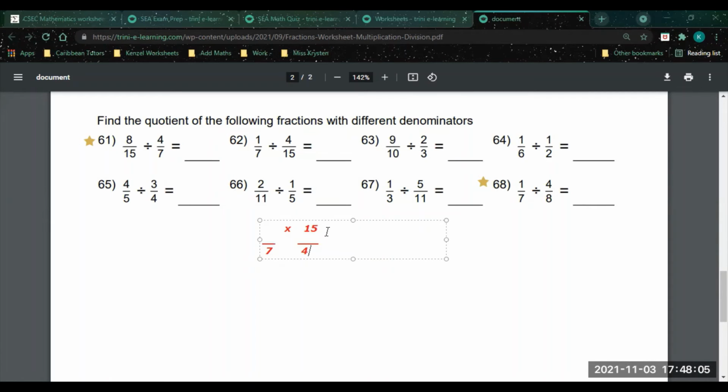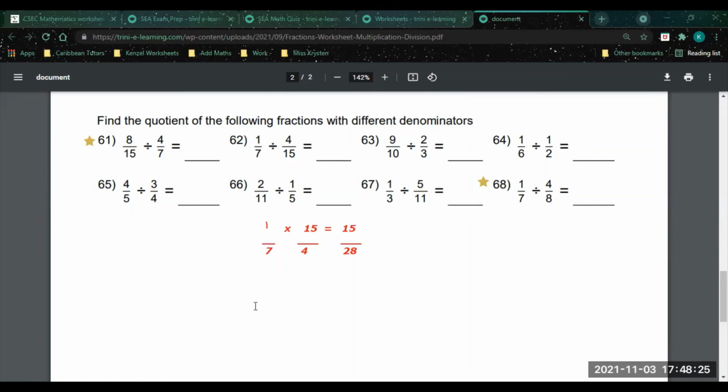You actually have nothing to cancel off there. So you'll get 1 by 15 is 15, and 7 by 4 is 28. Only 3 and 5 could go into 15, and neither of those could go into 28. So your answer would be 15 over 28.